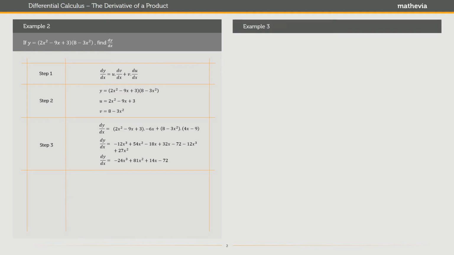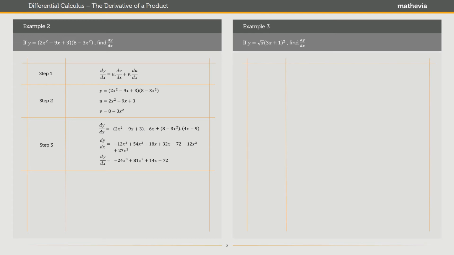Example 3 says if y equals the root of x multiplied by 3x plus 1 squared, find dy/dx. So how do we go about doing this one? This one looks very interesting, but it's pretty much the same process. We keep u constant, differentiate v, and we keep v constant and differentiate u.